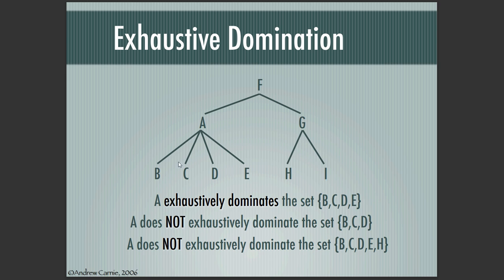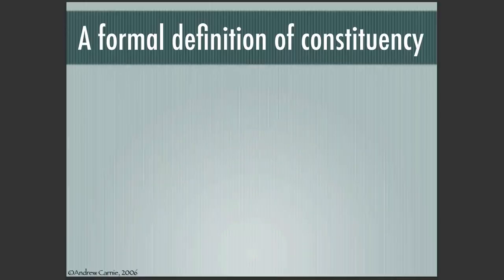You know why? Because we have just one set here. B, C, D, E is one set, and H, I is another set. So we should respect the whole set, we should not add something to the set, and we should not remove one of them. And that's what we call exhaustive domination in structural relations.